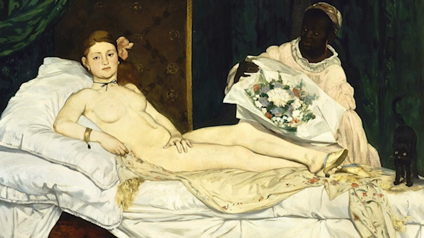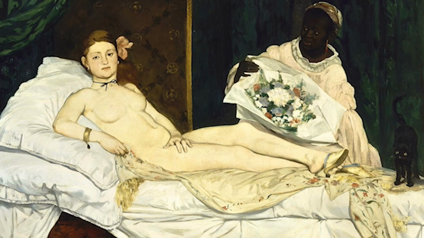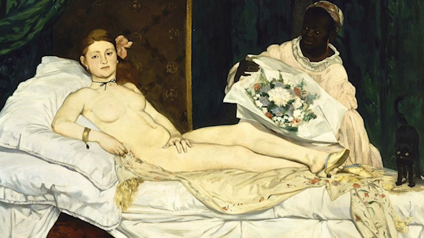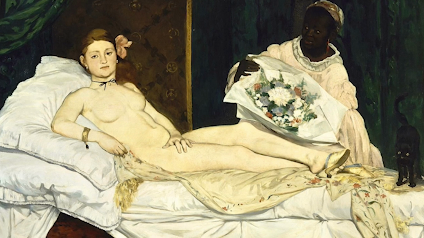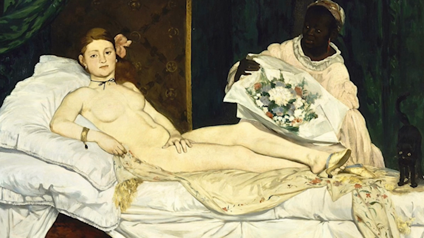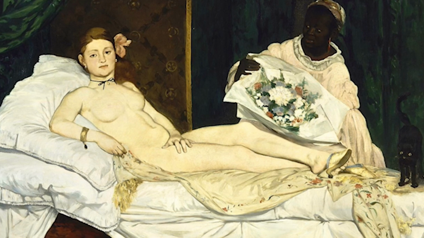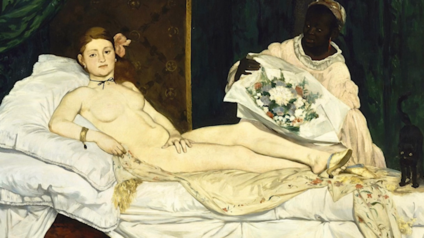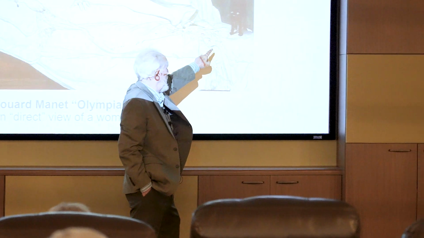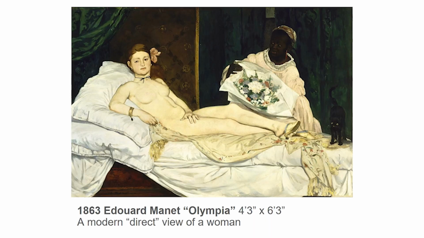Now, when you look at this figure, I don't think you need to know any myths to figure out what's going on here. And by the way, to help you unwrap that, commonly when they showed the reclining nude, there was a little animal that was on the bed or next to the bed. And if you look carefully, here's a black cat.